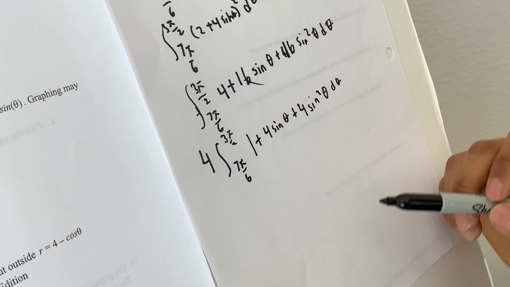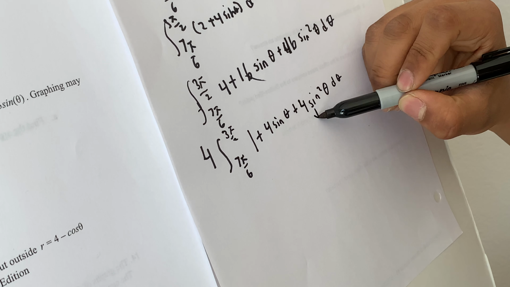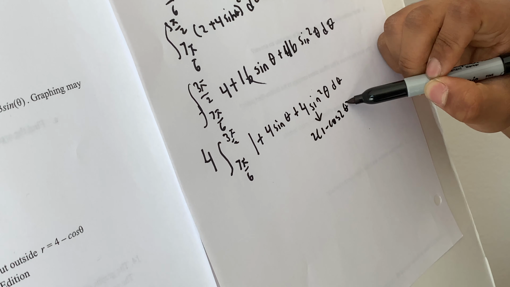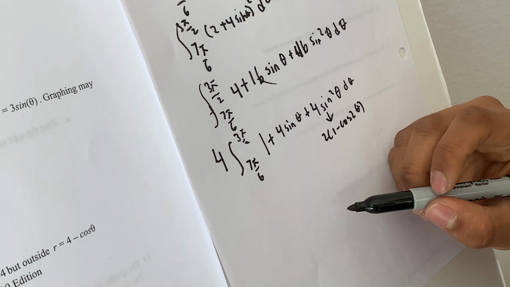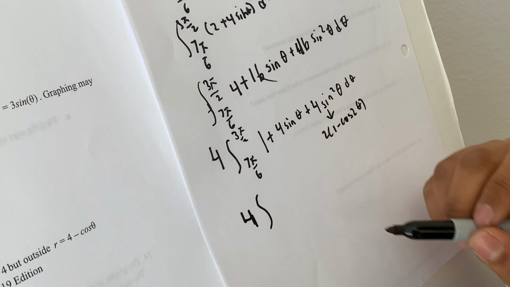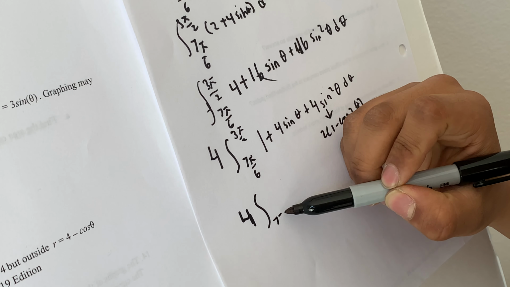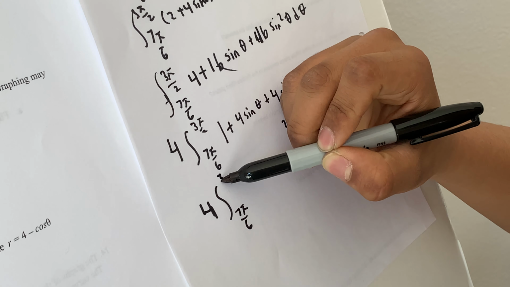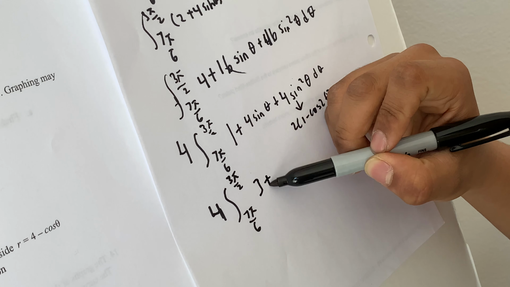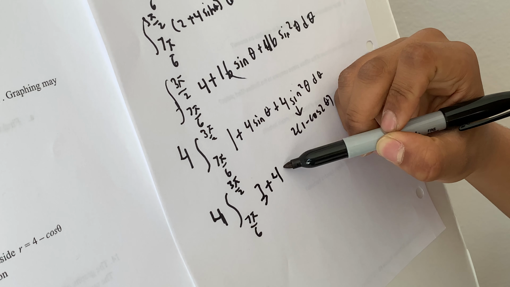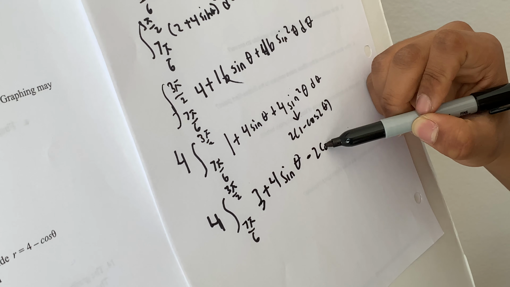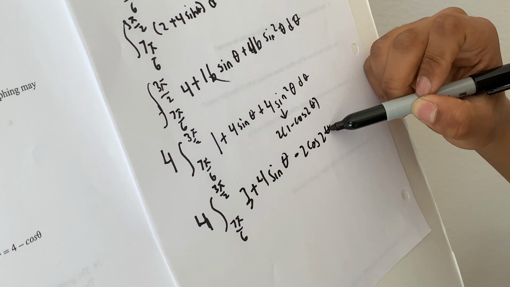Next, using power reducing, we can substitute this for 2 times 1 minus cosine 2 theta. Next, we're going to add up like terms, with the same bounds. So that's going to be 3 plus 4 sine theta minus 2 cosine 2 theta.